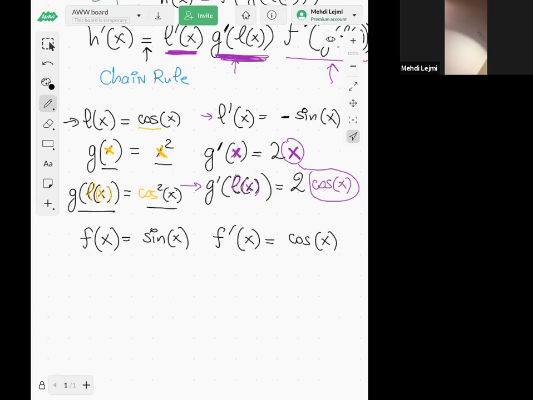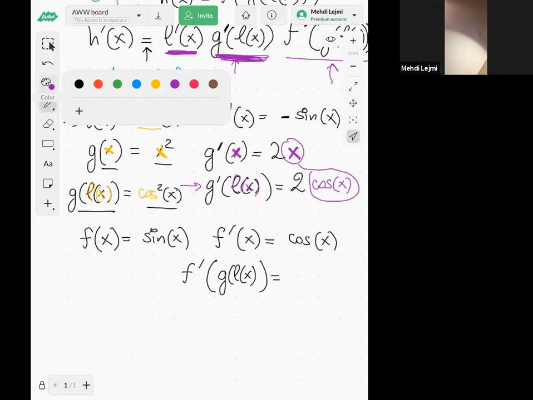So now come back to f prime of x. I need to compute f prime of g of L of x. So I need to substitute this x here by g of L of x.